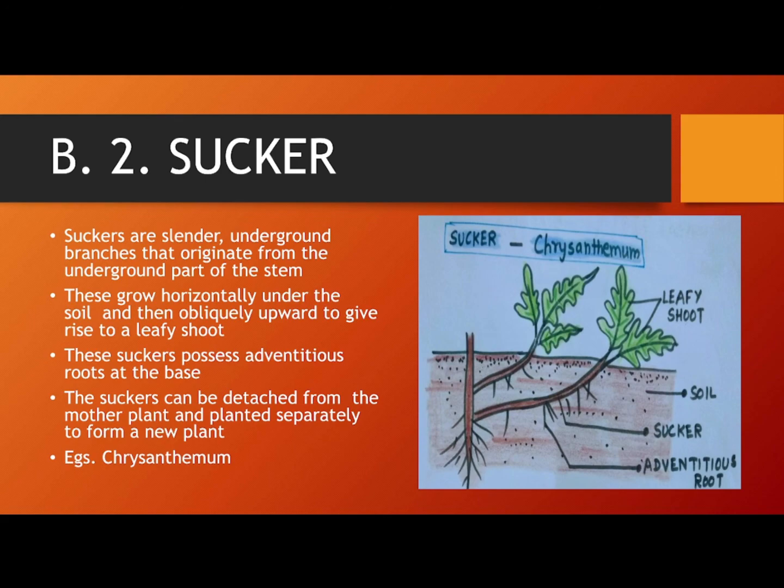These suckers give rise to adventitious roots at their base. The suckers can be detached or cut from the parent plant and allowed to grow separately into a new plant. Chrysanthemum is a very good example for sucker.